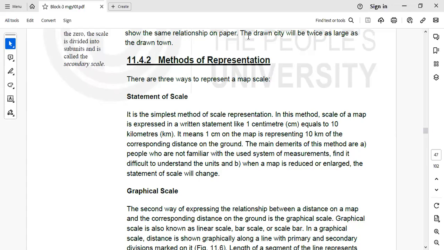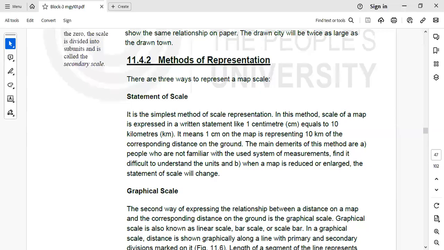Its interpretation is that 1 centimeter on a map represents 10 kilometers of the corresponding distance on the ground. So if you get this type of scale on a map, then you can say that this scale is a statement of scale.